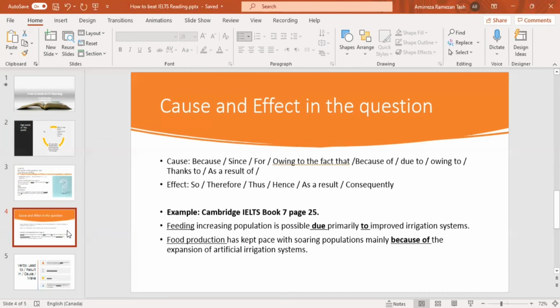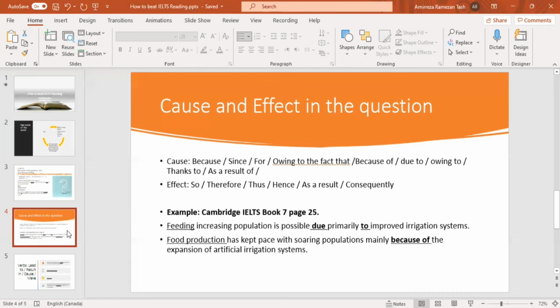It means that we found two key expressions that we need, food production and irrigation systems. But we need to find the connection between them, if there is any cause and effect connection or not. If there is, then it is true or false. If there is no connection between them, it means half of the idea of the sentence is not mentioned, so at that time it is not given.